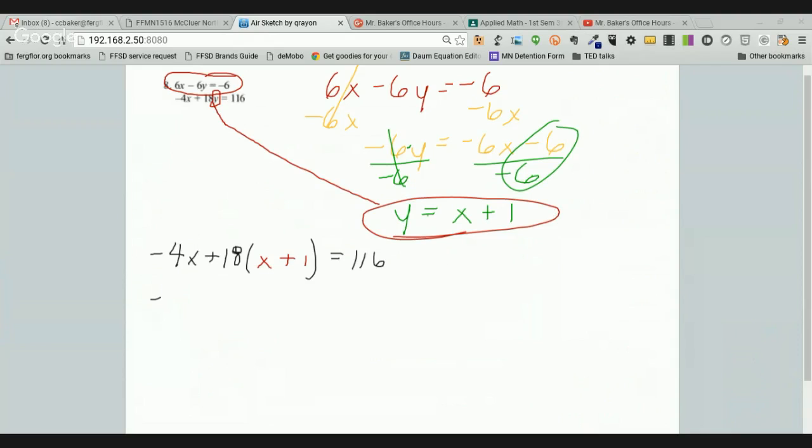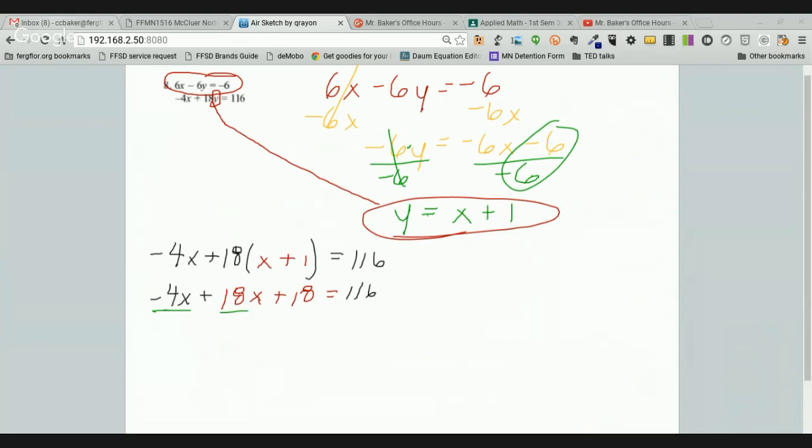Keep the negative 4x, distribute, keep that in red, 18x plus 18 equals 116. Let's combine like terms.